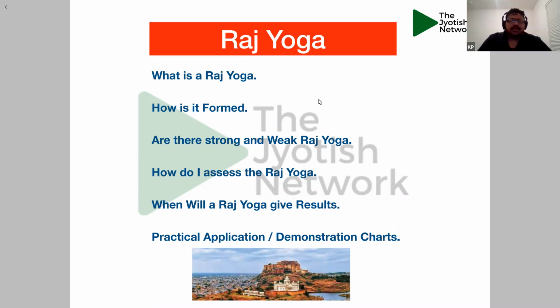Yeah, Sandeep, you mentioned the strength of planets. When we start looking at those repeating patterns that you as well as Pulak mentioned, the next step that we naturally do is look at the planets which are involved in those Raj Yoga patterns, and then we start looking at how strong those planets are.